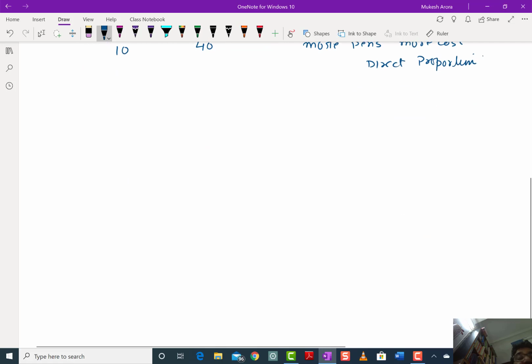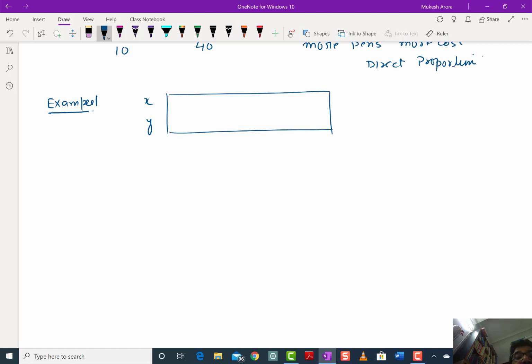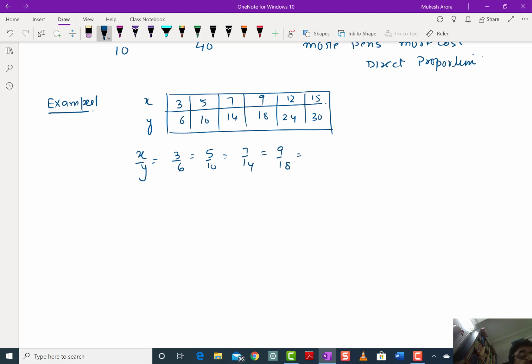So we'll do a few sums regarding that. The first example in this is, we have to check whether x and y, 3 and 6, 5 and 10, 7 and 14, 9 and 18, 12 and 24 and 15 and 30, are in direct proportion or not. x by y we will find: 3 by 6, 5 by 10, 7 by 14, 9 by 18, 12 by 24 and 15 by 30.